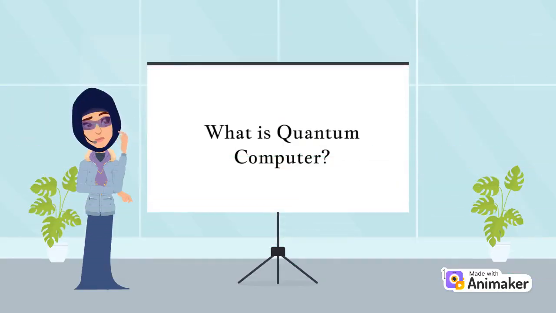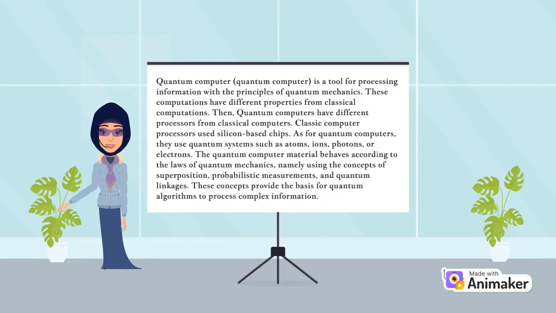What is a quantum computer? A quantum computer is a tool for processing information with the principles of quantum mechanics. These computations have different properties from classical computations. Quantum computers also have different processors from classical computers. Classic computer processors use silicon-based chips.